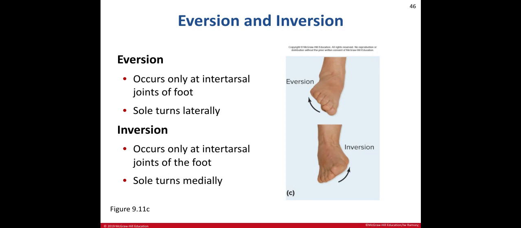You can also have eversion. Eversion is where you keep your big toe on the ground, but you rotate so that the rest of your toes come off the ground. And then inversion is where you keep your pinky toe on the ground and you rotate so that the rest of your foot is pointing inwards. These are really just used for your feet at your ankle joints.